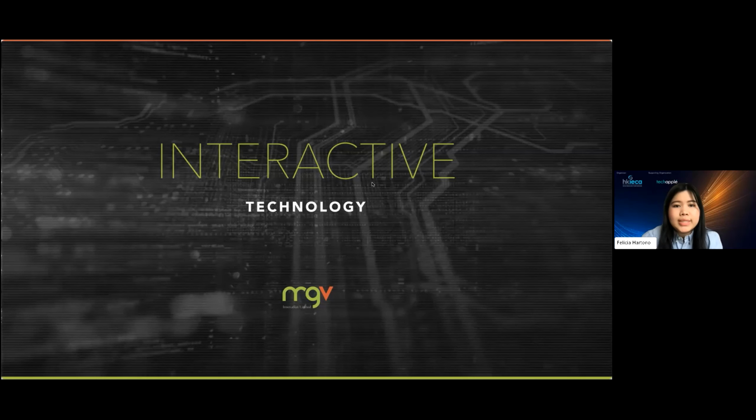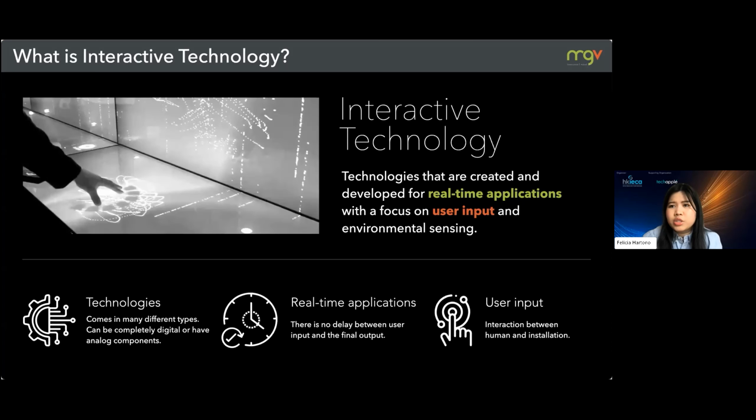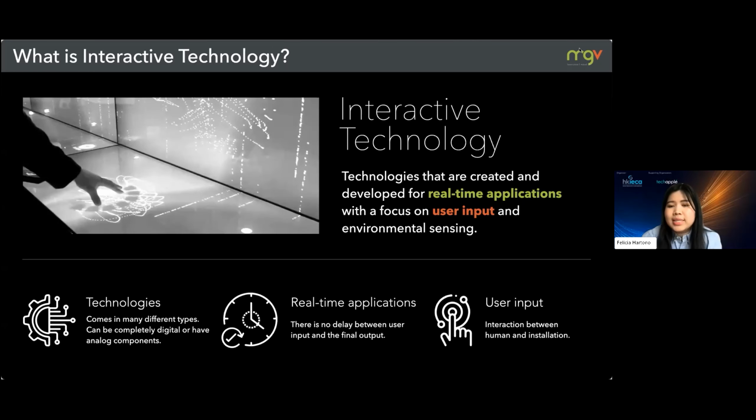So what is interactive technology? As you can see on the screen, it is technology that is created and developed for real-time application with a focus on user input and environmental sensing. There are three main aspects of interactive technology, the first being the technology itself.